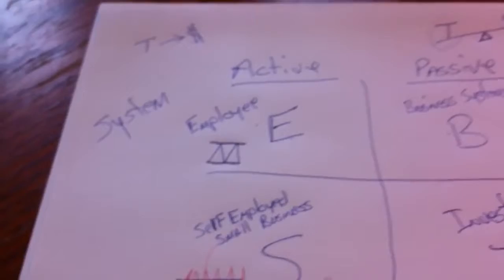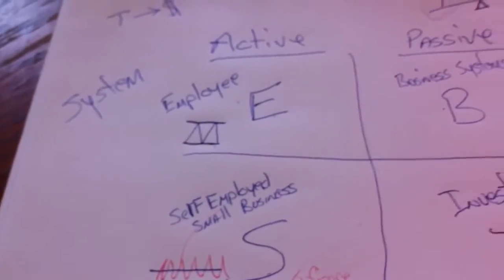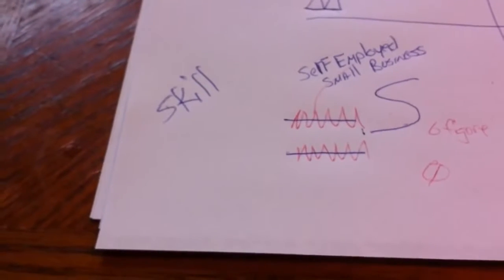So both the E and the B category are system oriented. So there's a very distinct advantage to having a system in place. Now down here, the S and the I, there's a very distinct disadvantage for them. They are skill oriented.